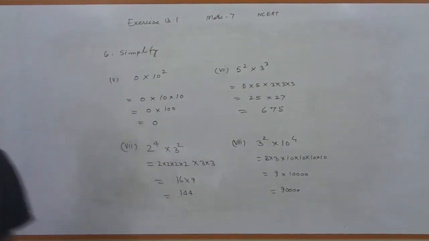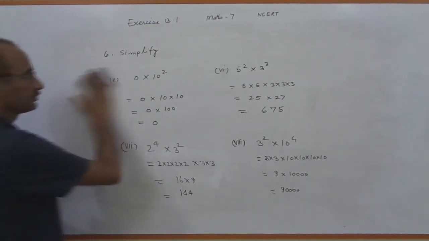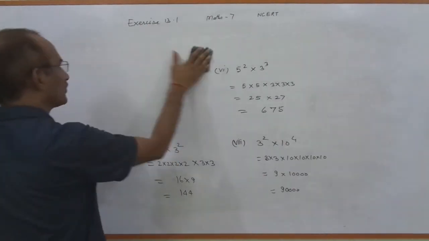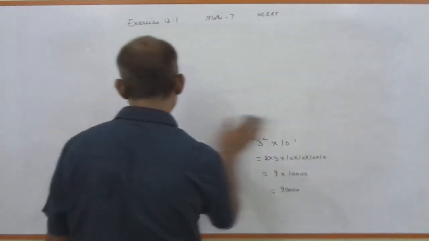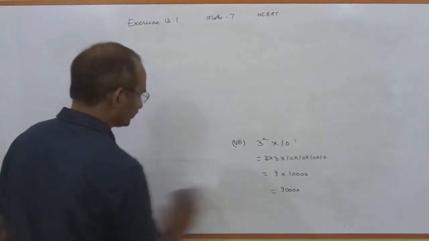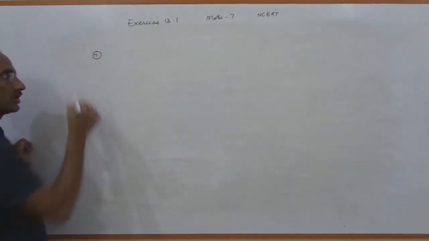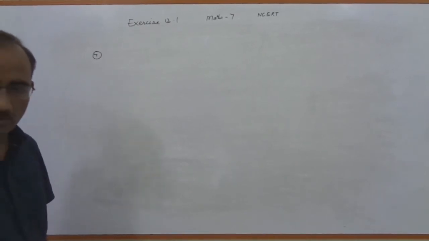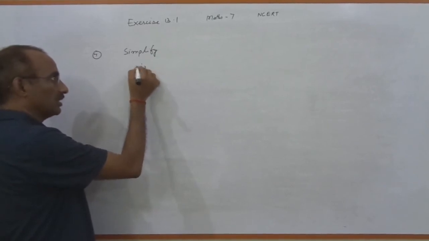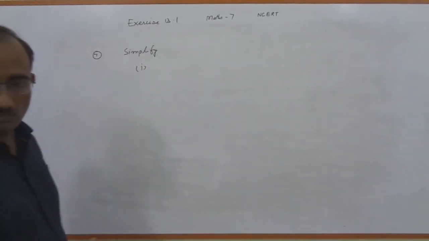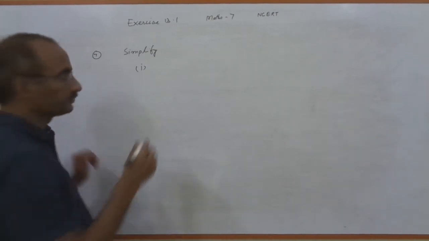Now let's see question number 6. Minus 4 power 3. Simplify. The first is minus 4 power 3.